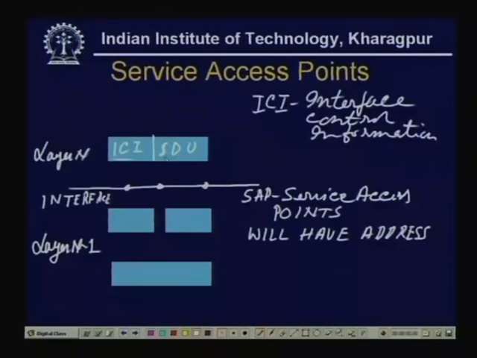And SDU is service data unit. This is communicated to the service access point and to the lower layer. So, interface control information is not really the data, it provides some control information to the lower layer.